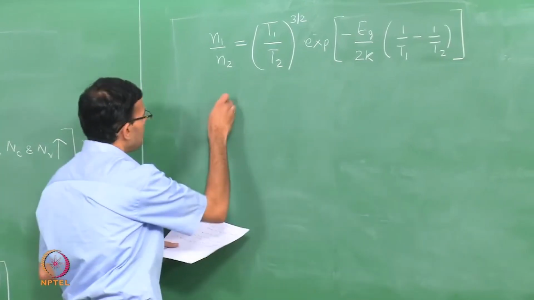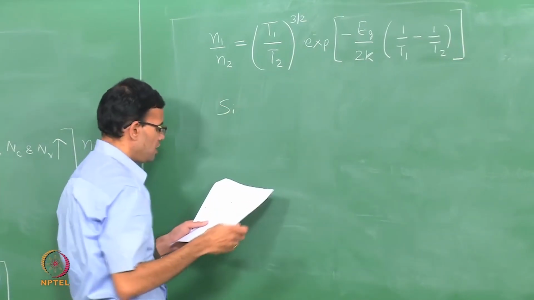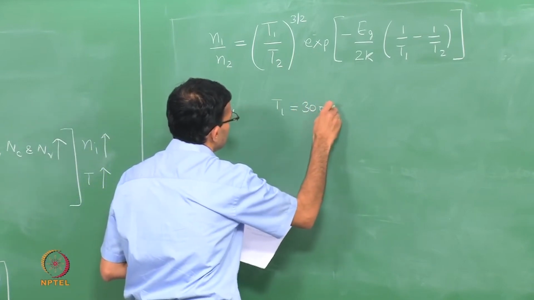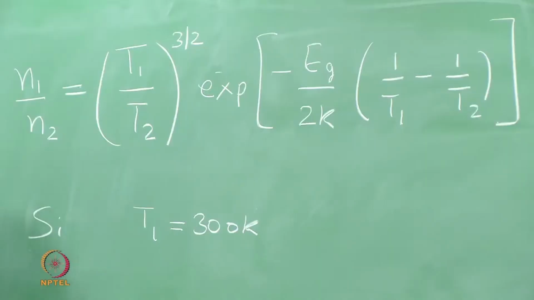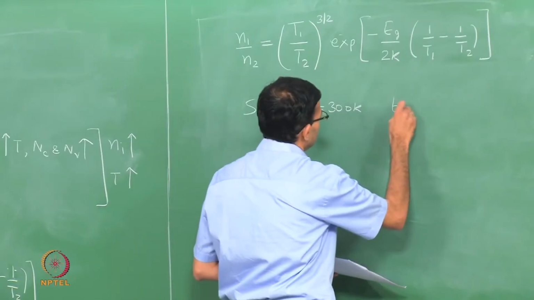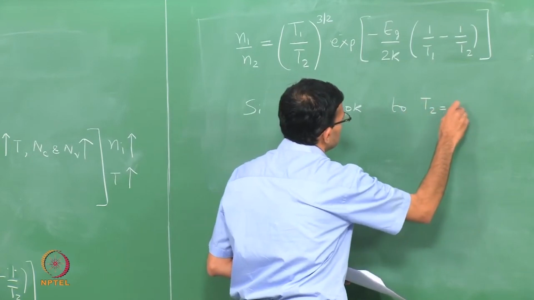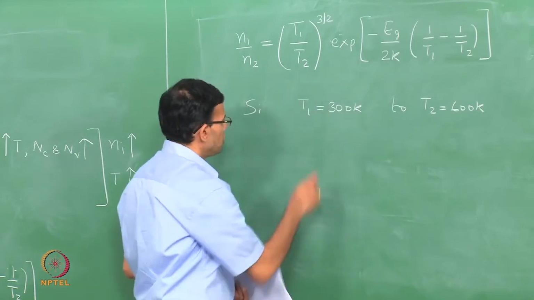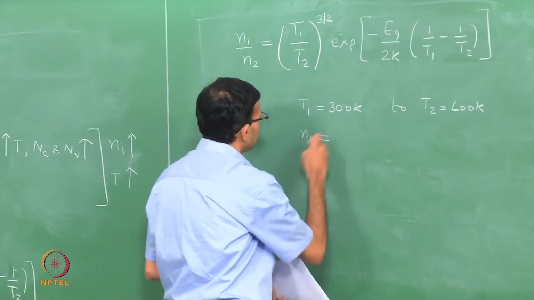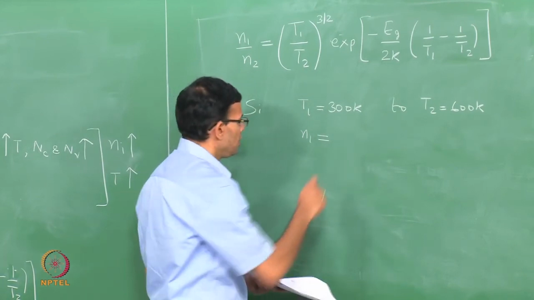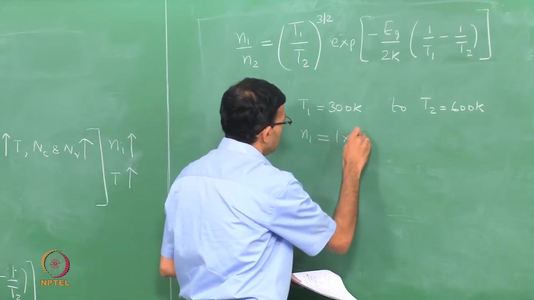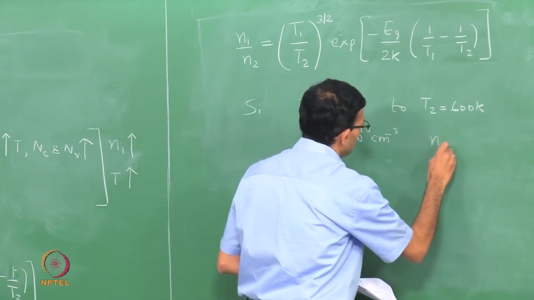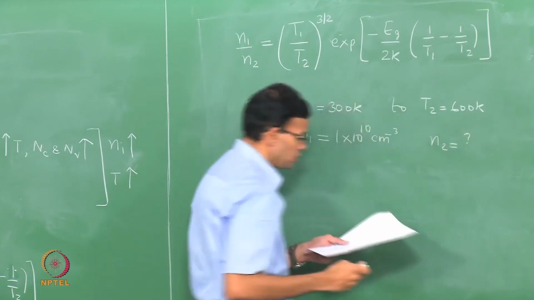So, if we have silicon and we increase the temperature from 300 Kelvin to 600 Kelvin, so we double the temperature, we want to know what the change in carrier concentration is. At 300 Kelvin, which is room temperature, N1 has a value of 10 to the 10 per centimeter cube. You want to know what N2 is.